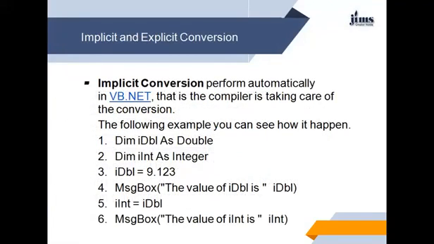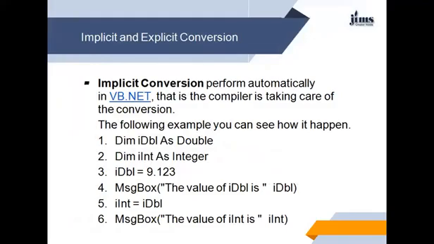Now we will see implicit and explicit conversion. Implicit conversion is performed automatically in VB.NET; that is, the compiler takes care of the conversion. If you are converting from a larger data type to a lower data type, it is converted by the compiler itself, and this is called implicit conversion. Let's say we convert a double to an integer.